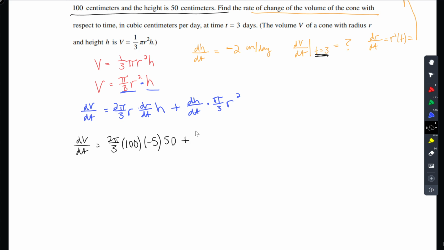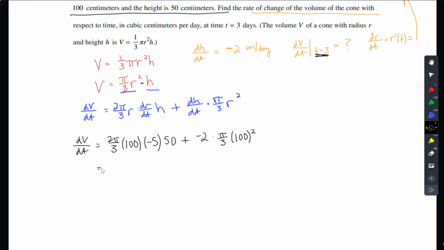plus, I'm going to put pi over 3 out. Well, what's dH/dt? Negative 2, times pi over 3. What was the radius? 100, right? Little math tricks, because we're going to have to clean this up.